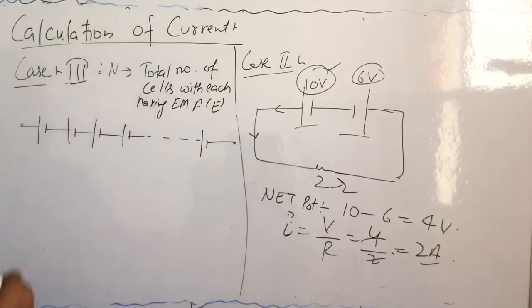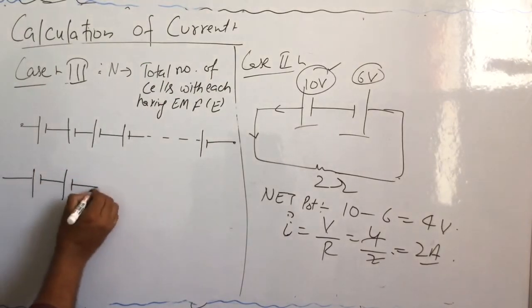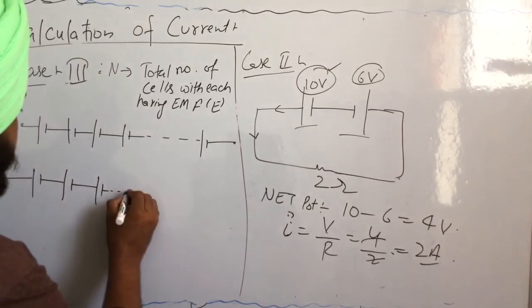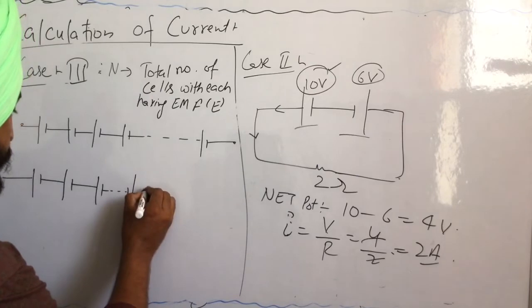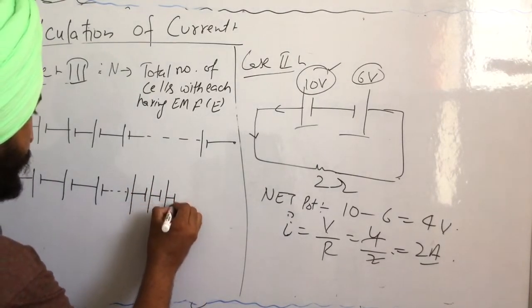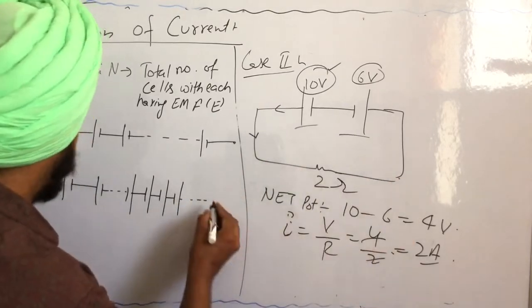So when you reverse the direction of m cells, what would happen? Like here you reverse the direction of some m cells, and after that the polarity is again the same.